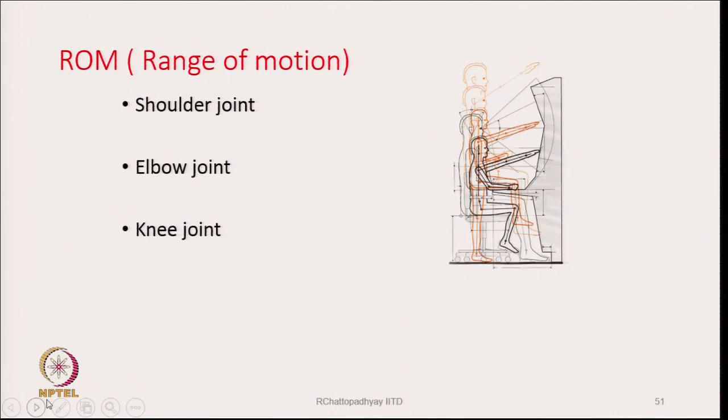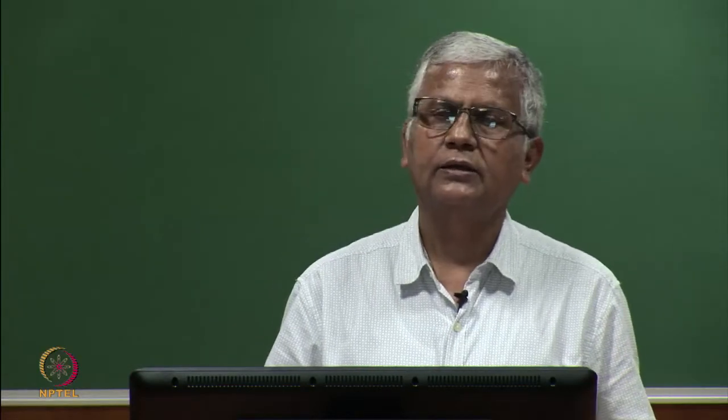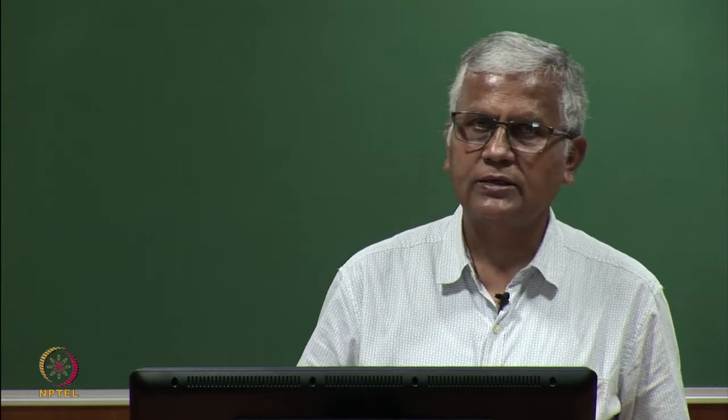If we know how much the elbow or shoulder or knee is going to move while a person is doing a certain task in certain postures, then accordingly the object in front of him with which he is going to interact can be designed. And it is not only the object, but also the clothing has to be such that the range of motion does not get restricted.